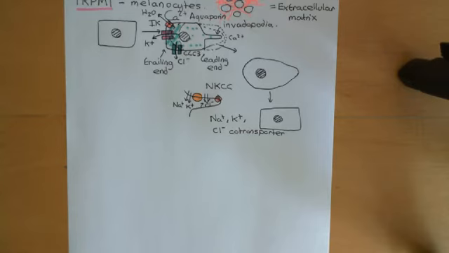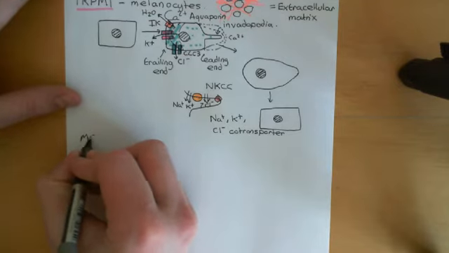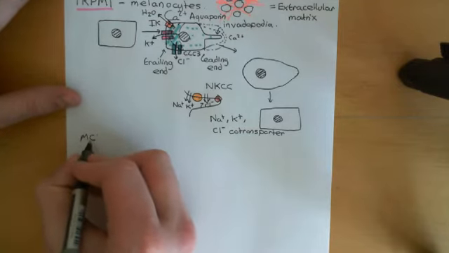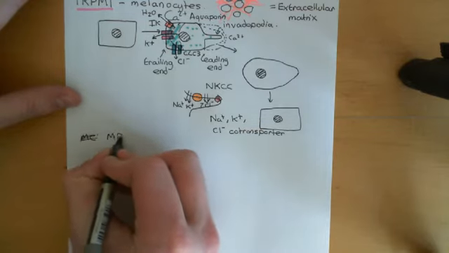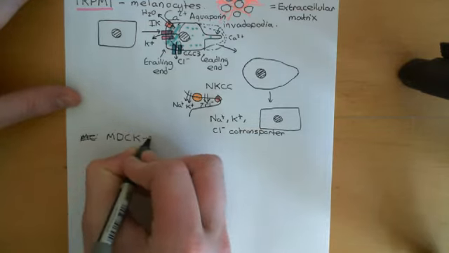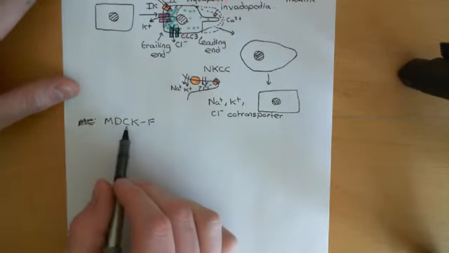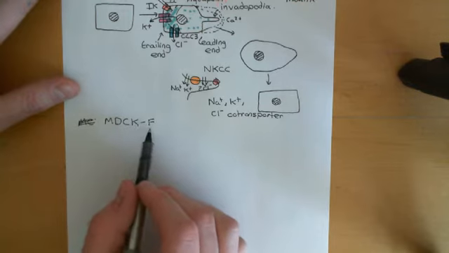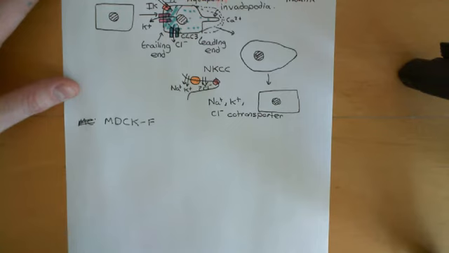And in fact, you can block the movement of cells. I'll tell you about a specific type of cell that this has been done in. It's been done in what's known as an MDCK-F cell. It stands for something like Madin-Darby canine kidney cells, and then this F just denotes the fact that they have been transformed.